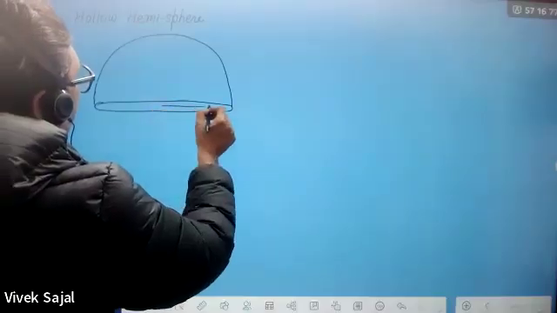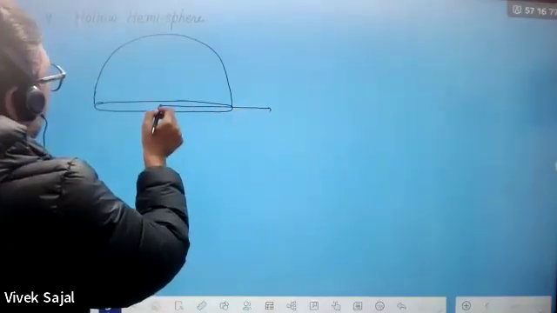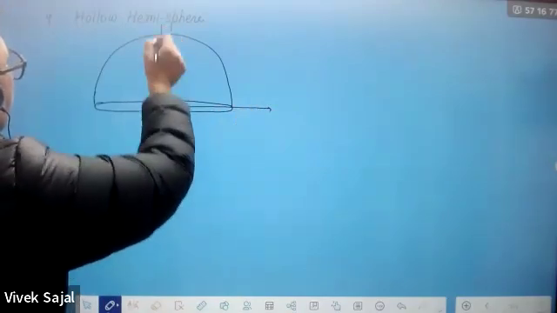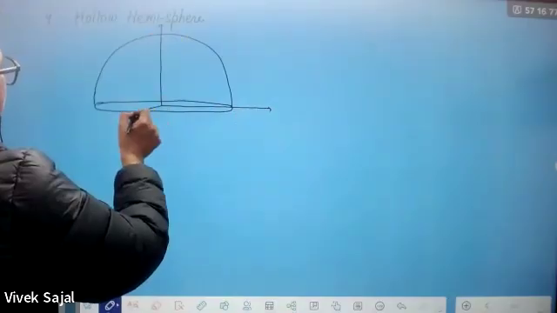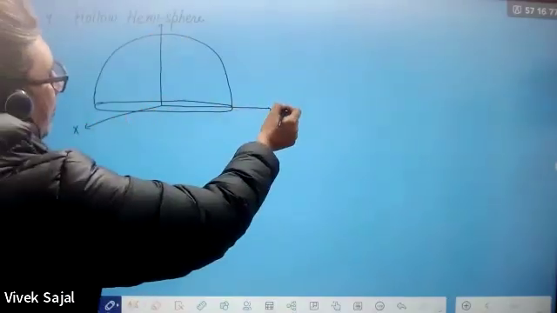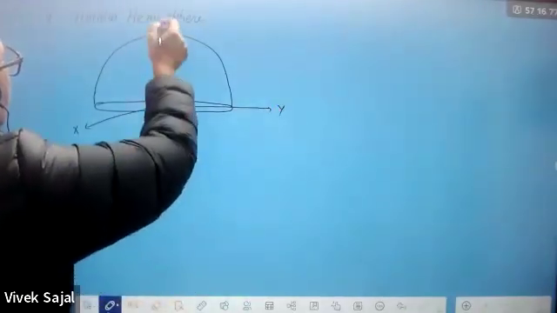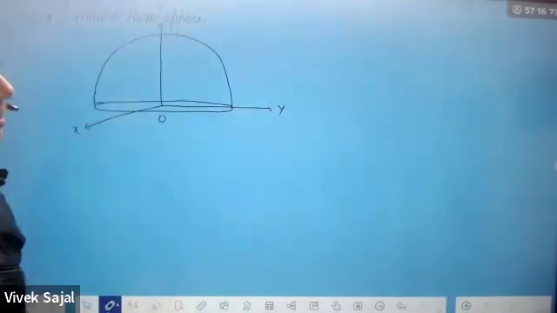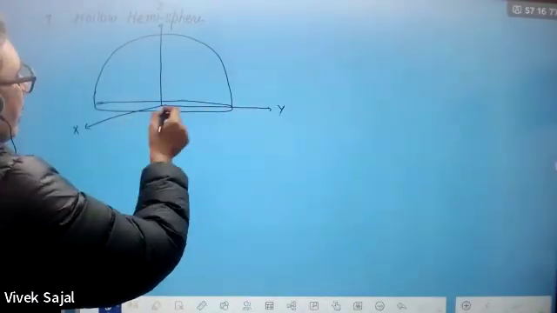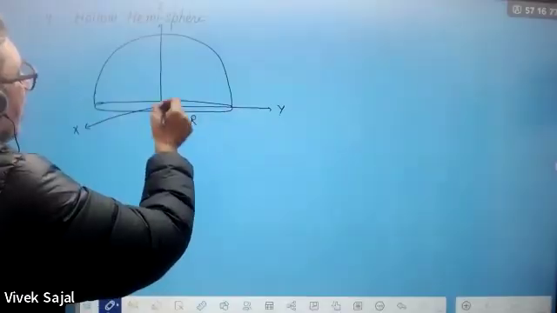Here it will be like this. This will be the x-axis, this will be the y-axis, and this will be the z-axis. Here the radius of this hemisphere is r.